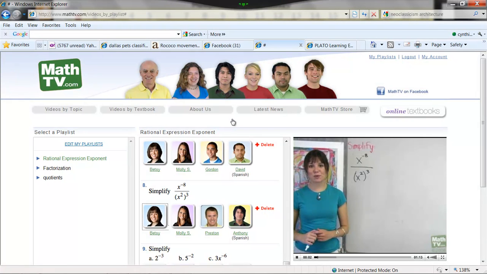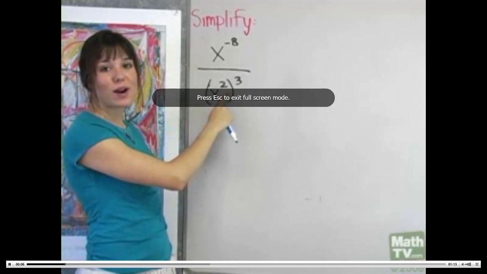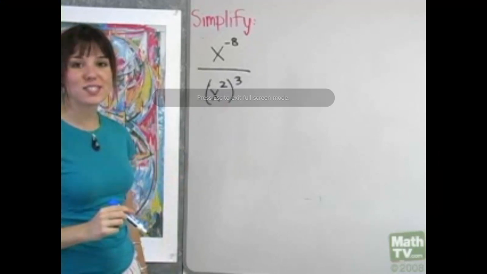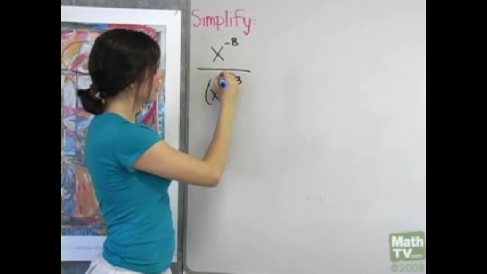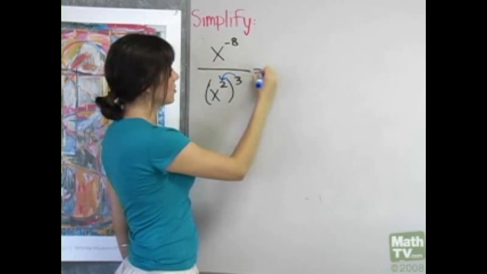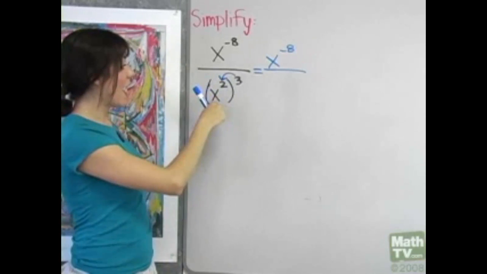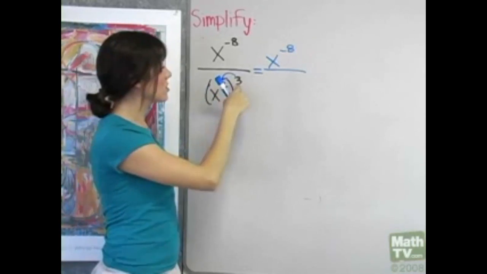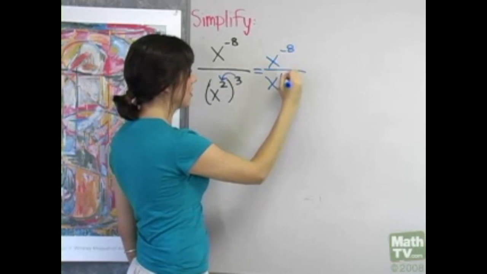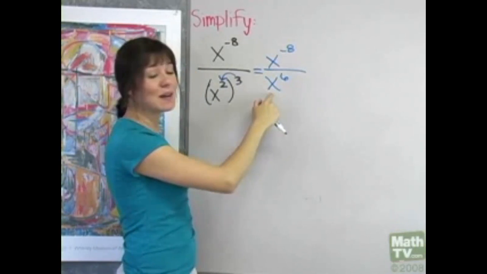In this example, we want to simplify x to the negative 8 divided by x squared to the 3rd. So first I'm going to distribute this 3. So this becomes x to the negative 8 divided by x to the 6, since 2 times 3 is 6. So notice we have the same base.